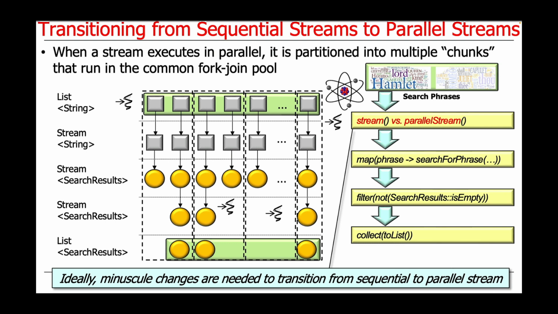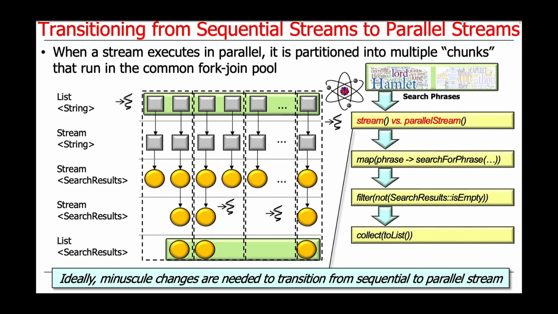Ideally, and it's not always the case, we want to be able to make minuscule changes to go from a stream to a parallel stream. In this particular case, it is a minuscule change because we just changed stream to parallel stream. For sequential stream applications that use flat map, as we've seen, there are slightly more overt changes, but not dramatically.